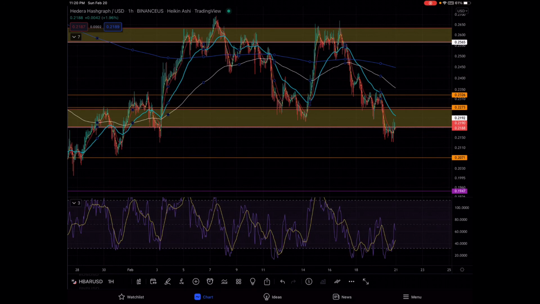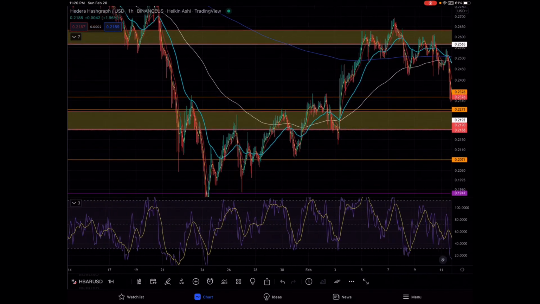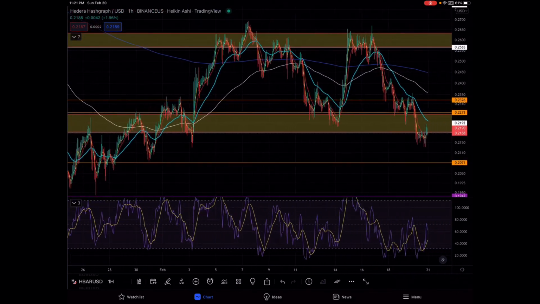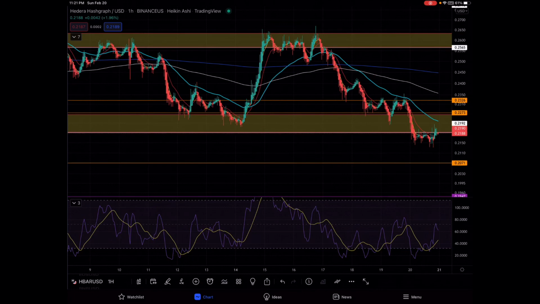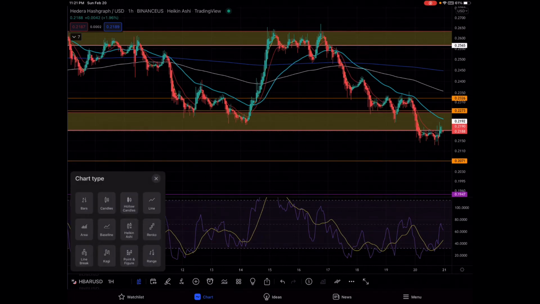Use your EMAs. You can combine your EMAs as additional support and resistance levels, and you can also use them for additional directional confirmation. They also work just fine with the Heikin-Ashi candles. I'm not crazy about them, but I've used them, and some people absolutely love them.